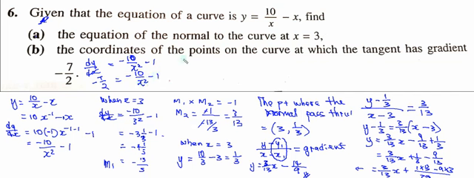Okay, now you got a minus, minus, so cancel off the minus. You got 3.5 equals 10 over x squared, plus 1. Okay, this one bring over to the left hand side. You got 2.5 equals 10 over x squared.